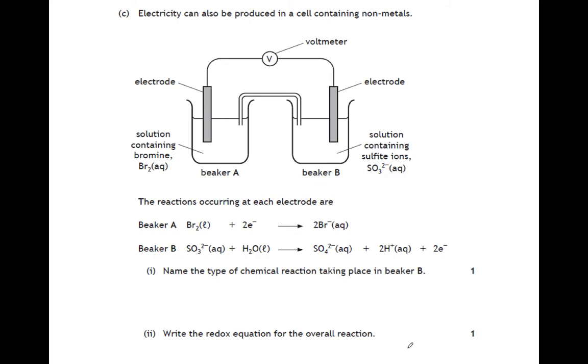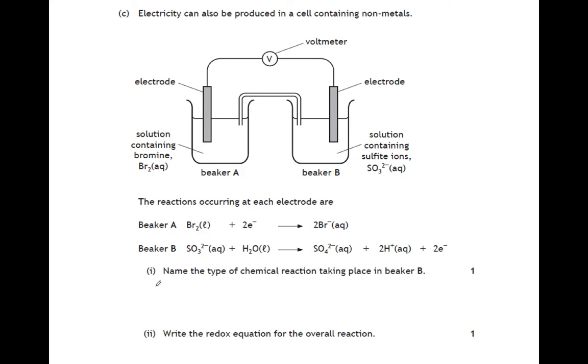So a quick question on non-metal cells. Electricity can also be produced in a cell containing non-metals. The reactions occurring at each electrode are, beaker A, which is here, liquid bromine Br2 plus 2 electrons gives 2 Br minus.